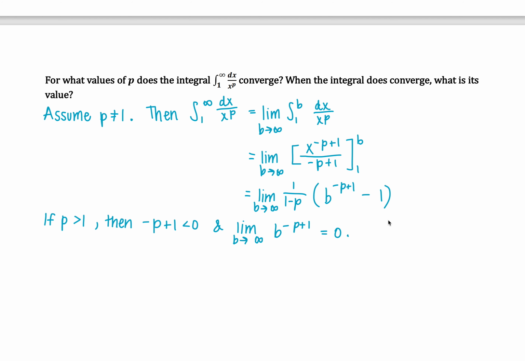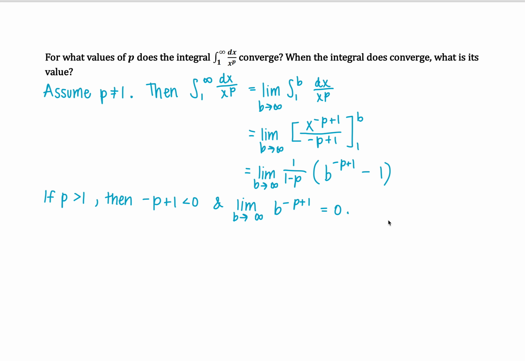I apologize that I'm going slightly downhill as I write this. So if p is greater than 1, then this goes to 0, and our entire limit becomes negative 1 over 1 minus p, or we can rewrite that. I'll do that in a second. So then that entire limit, which takes me just a second to write out.